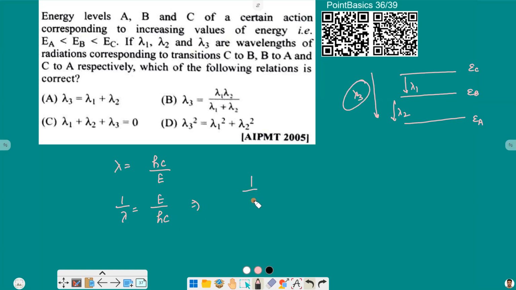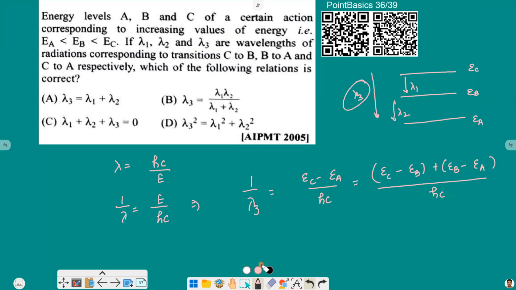So 1 by lambda 3 will be equal to, this E is the energy difference, so that will be equal to EC minus EA by hc. And now I can modify it slightly: EC minus EB plus EB minus EA by hc.